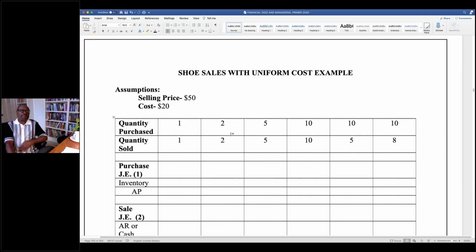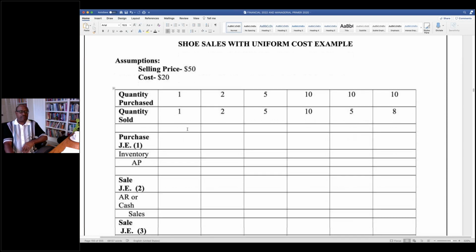Okay. Let's assume that we had the shoes that were selling for $50 and the cost was $20, and we sold one shoe. We make an entry, first of all, to purchase the shoes. We debit inventory and we credit accounts payable.